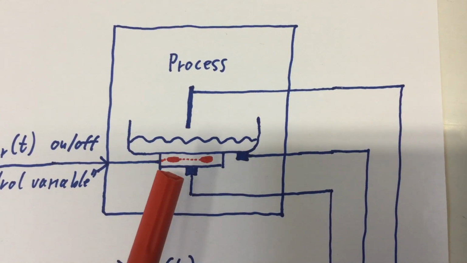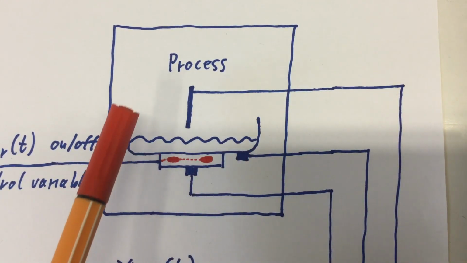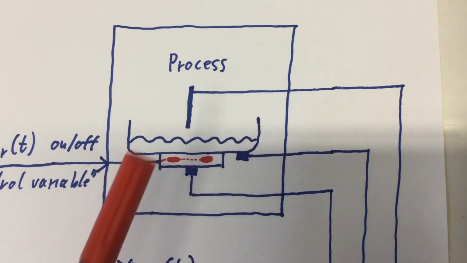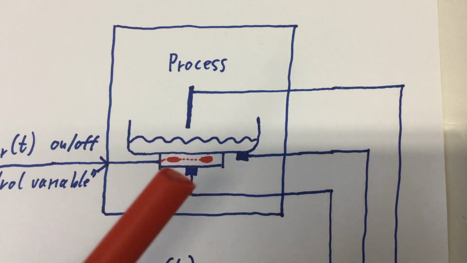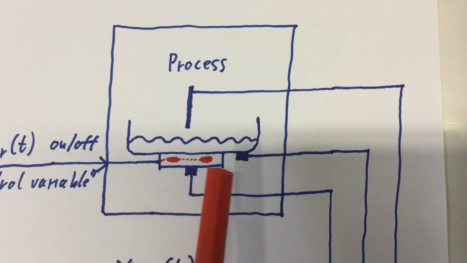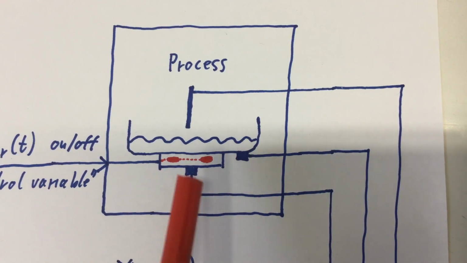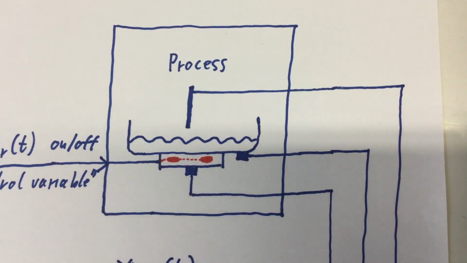Everything around it, the stainless steel bath, the water, the aluminium itself, is all thermal mass. And we are measuring the temperature of that aluminium here, not of the heating elements themselves.